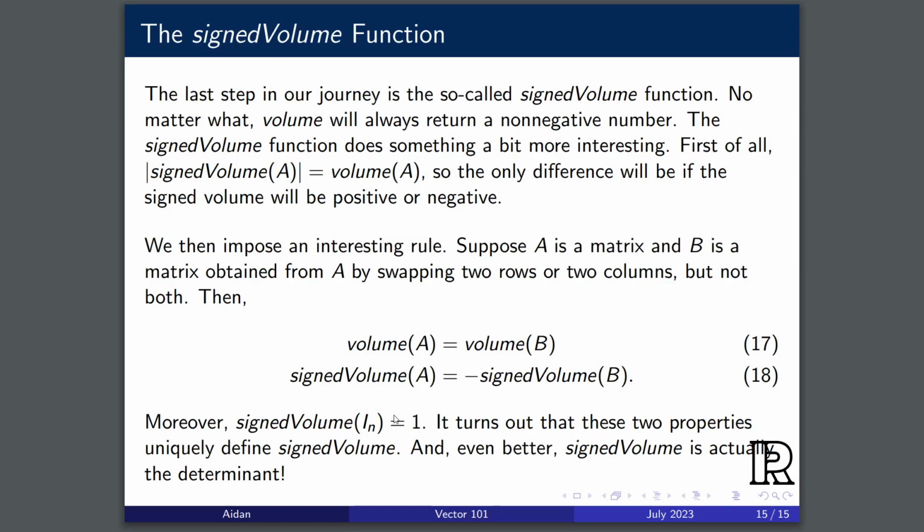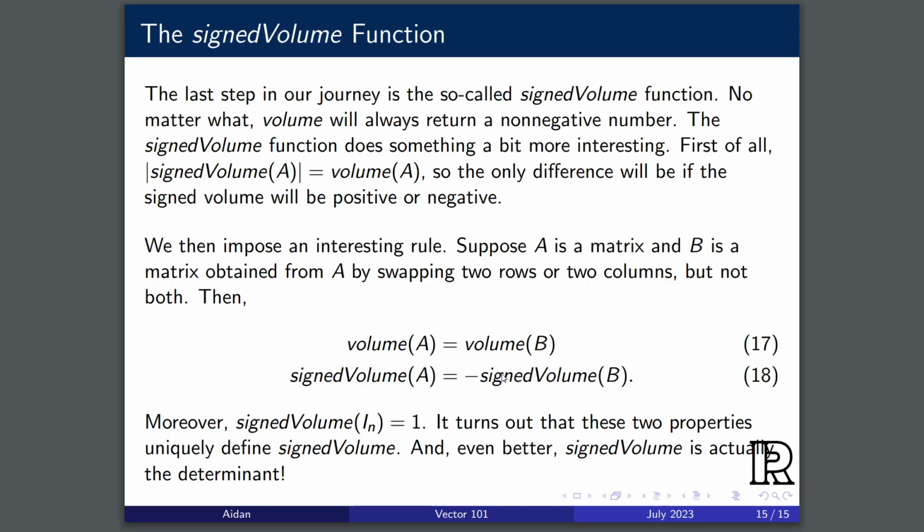So it shouldn't take that much information to figure out the sign of signed volume. And that little bit of information you need is that the signed volume of the identity is positive. And from this, you actually can calculate the signed volume of any matrix.